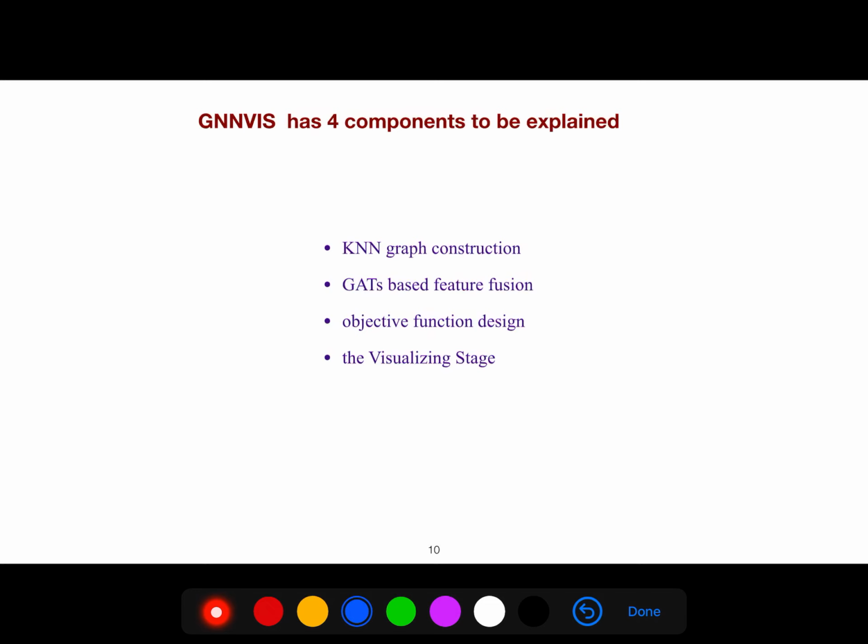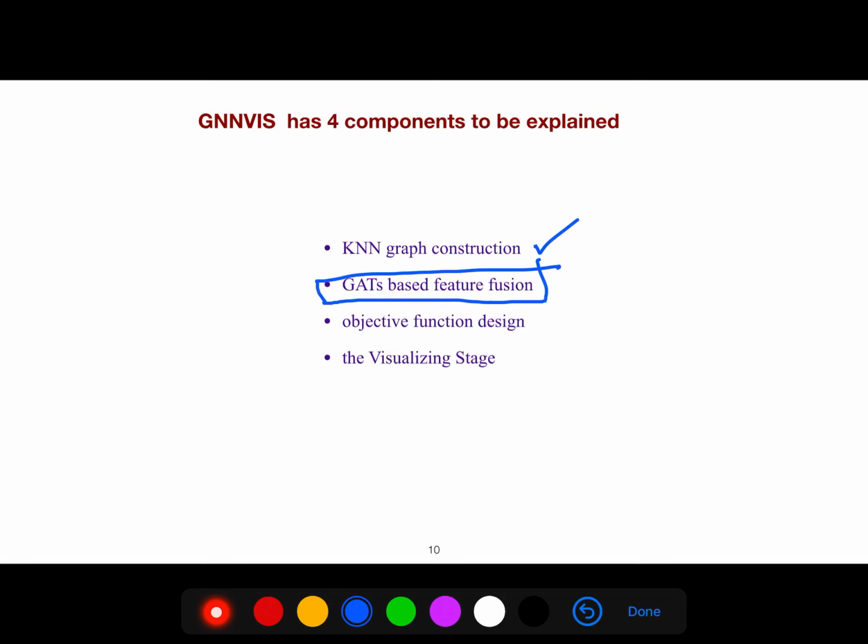So there are four components that I should explain. First of all, you should create your graph if you don't have it, or if you can't, do it as simply as people at the company Pinterest. The next one is graph attention based feature fusion, which is a special kind of architecture, because we have lots of graph neural networks.